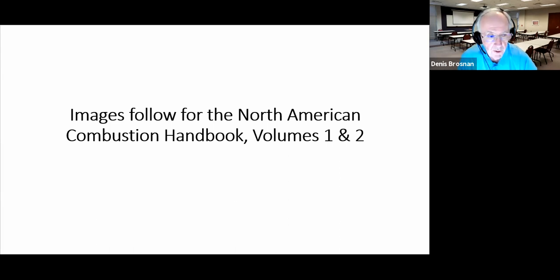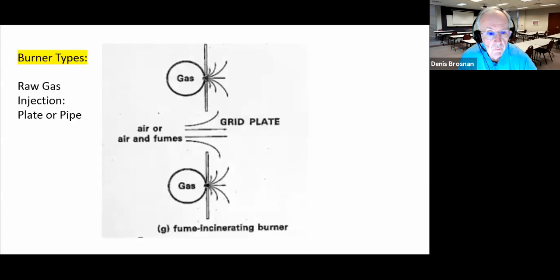So let's talk about various burner types. We're going to talk about air heaters to start with, and the first burner type might be a plate type. Okay, so here's a steel shell. The combustion environment is around to the right, and we're simply inserting gas, or some people might call it raw gas, through an opening into a combustion environment.